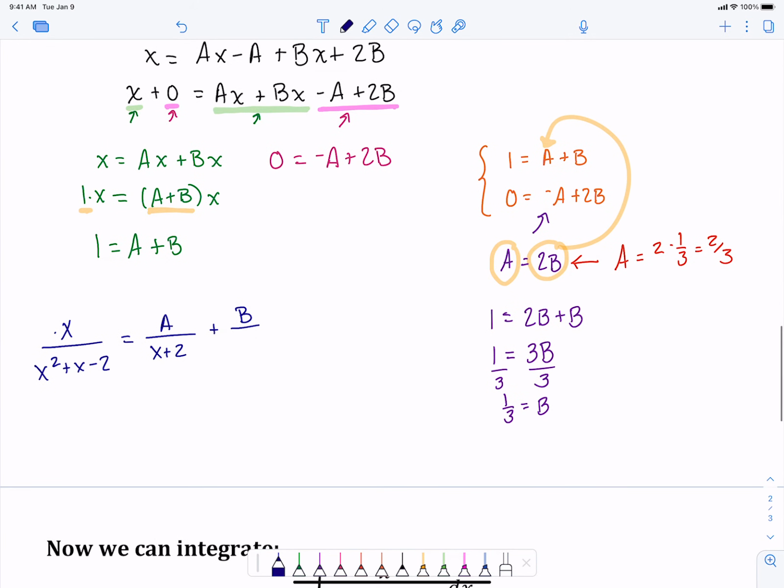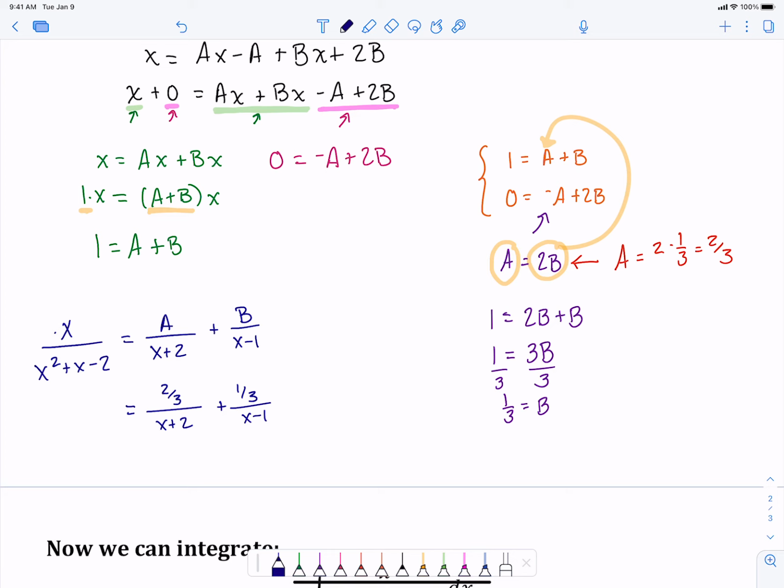We wanted to figure out what a and b need to be so that when we add these two fractions, we get back where we started. Well, we figured out that a needs to be 2/3 and b needs to be 1/3.